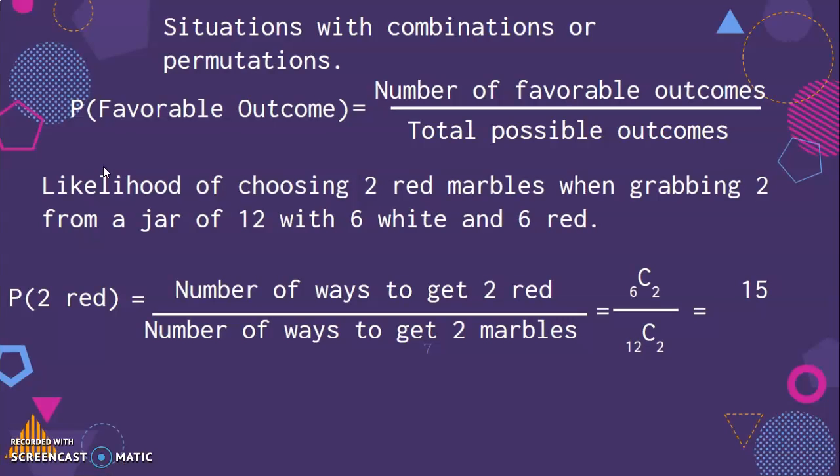Okay? So there's 66 ways to get 2 marbles from my jar. So there's about a 22% chance that I'll get 2 red marbles when I'm reaching in and grabbing 2 from this jar.